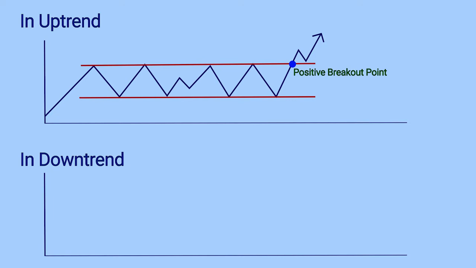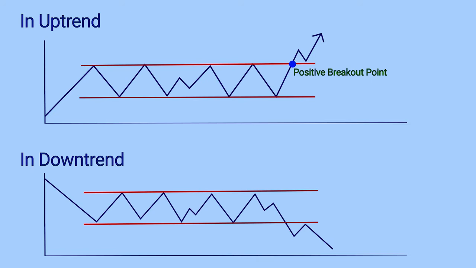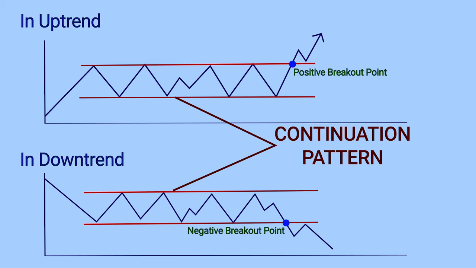Similarly, in a downtrend, after a certain bit of down move, if there is a consolidation and eventually the selling pressure becomes bigger than the buying pressure, the erstwhile down move resumes. Those consolidations during the up move and the down move are called continuation patterns.